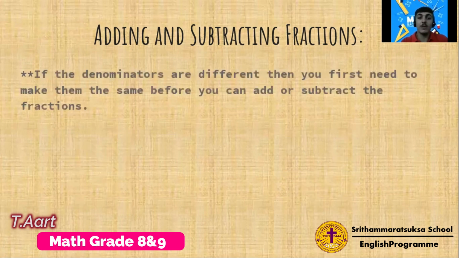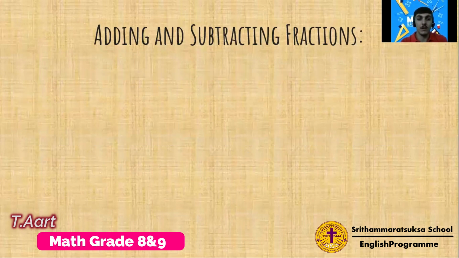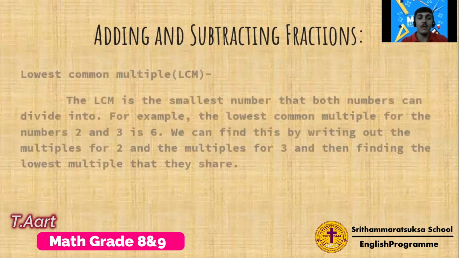If the denominators are different, then you first need to make them the same before you can add or subtract the fractions. We make the denominators the same by finding the lowest common multiple, the LCM, of the 2 denominators. The LCM is the smallest number that both numbers can divide into.